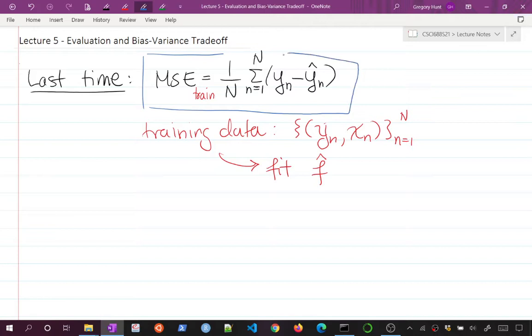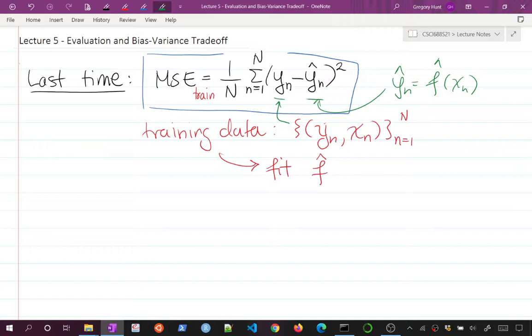MSE train is the mean squared difference of the true yn's minus the predicted yn's. So this yn hat is f hat of xn, and this yn is the true training y.